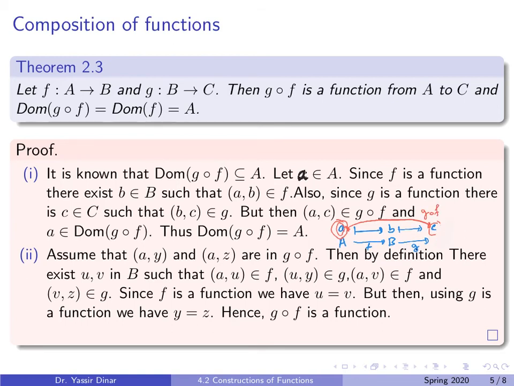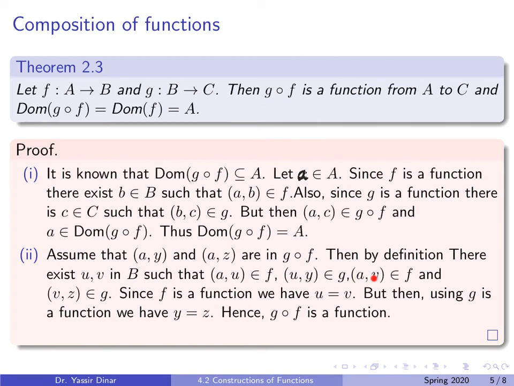Now let's go to the second condition. We take two pairs (a, y) and (a, z) in g circle f, and we want to prove that y is equal to z. Now, by definition of g circle f, that means we have u and v in the middle set B such that (a, u) is in f and (u, y) is in g, because this will give me (a, y) in g circle f.